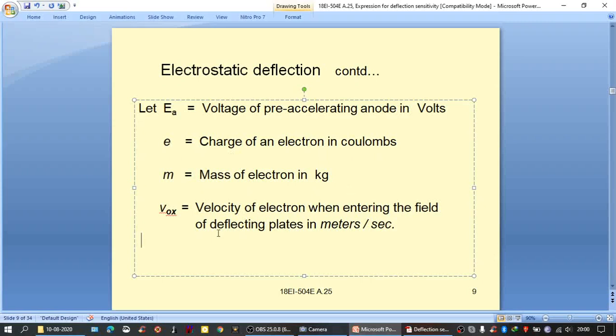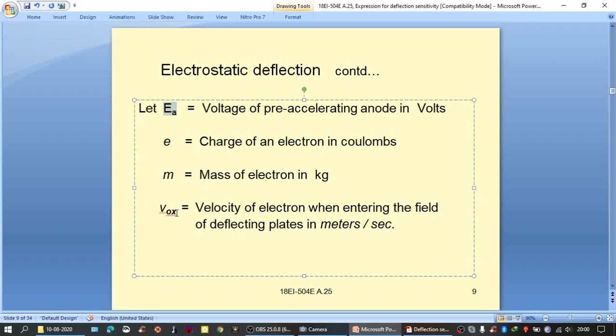Now, we know that because of the accelerating voltage EA applied across the pre-accelerating anodes, the electron beam coming out of the control grid loses its potential energy and gains kinetic energy. So the amount of loss in potential energy would be exactly equal to the amount of gain in kinetic energy.